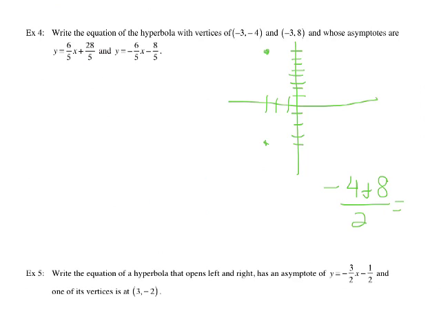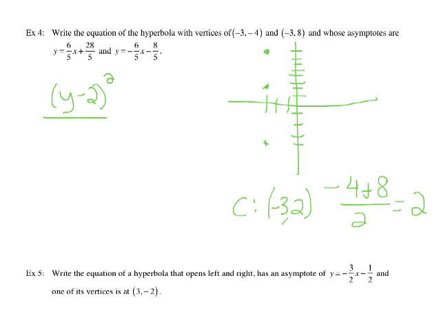So I get 4 divided by 2, so I get the y-coordinate of the center. So the center is negative 3, 2. And because it's opening up and down, I know that this has to be y minus 2 squared.